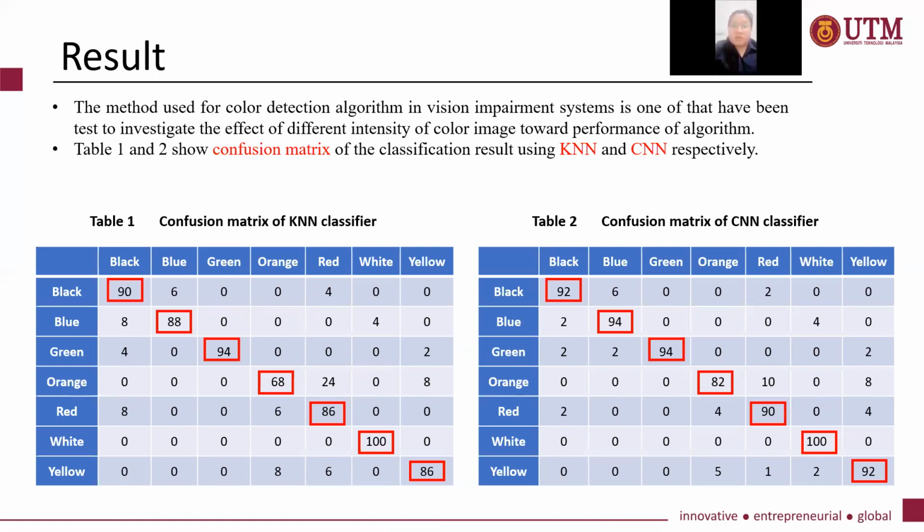Also, in both methods, a large number of orange images were misclassified as red, which can be explained by ambiguity in intensity between the orange and red classes. Besides that, white color images are not misclassified as any other class, which indicates a lower probability of white color images being labeled as other classes.